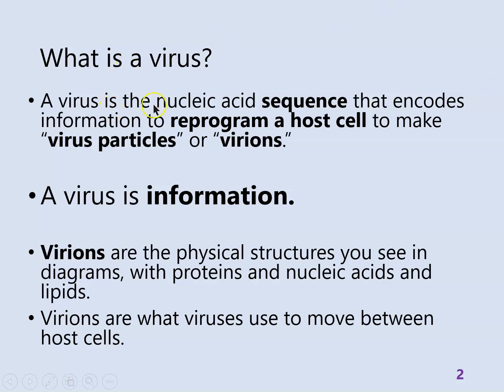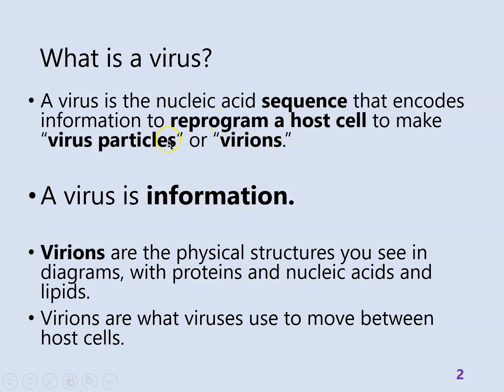Those are the nucleic acids we think about most. And so a virus is just one of those sequences, and it encodes information that reprograms a cell. And it forces that cell to make virus particles, or what we call virions.